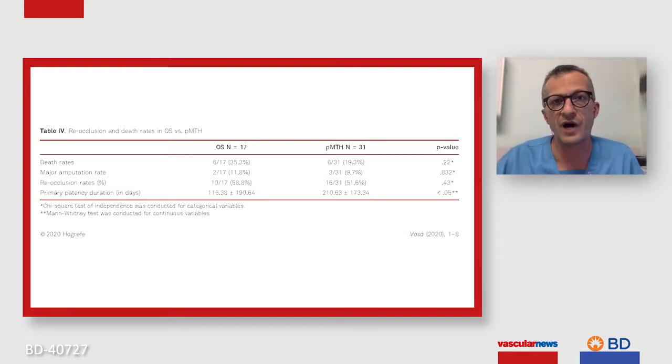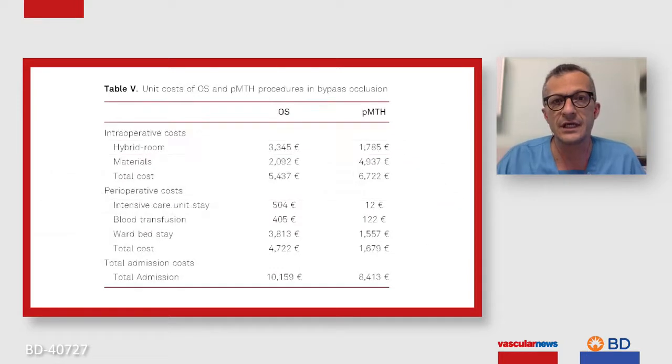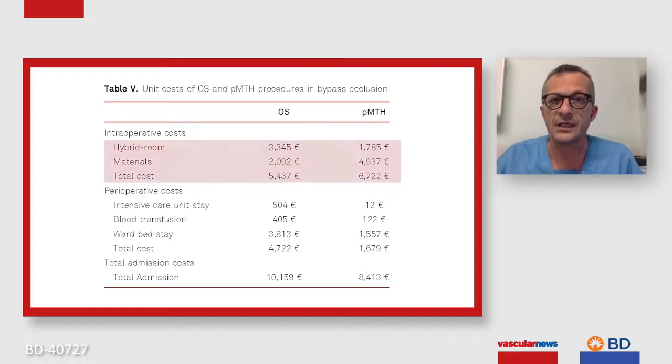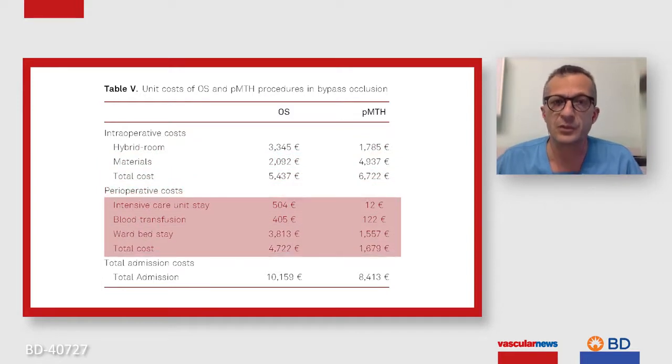The second part of our paper is dedicated to the cost evaluation. If we consider separately the intraoperative and the perioperative period, in the intraoperative period, the Rotarex procedure is more expensive than open surgery, and this is due to the Rotarex cost and the other endovascular material costs. But if we consider the perioperative period, the Rotarex procedure is significantly less expensive than open surgery.